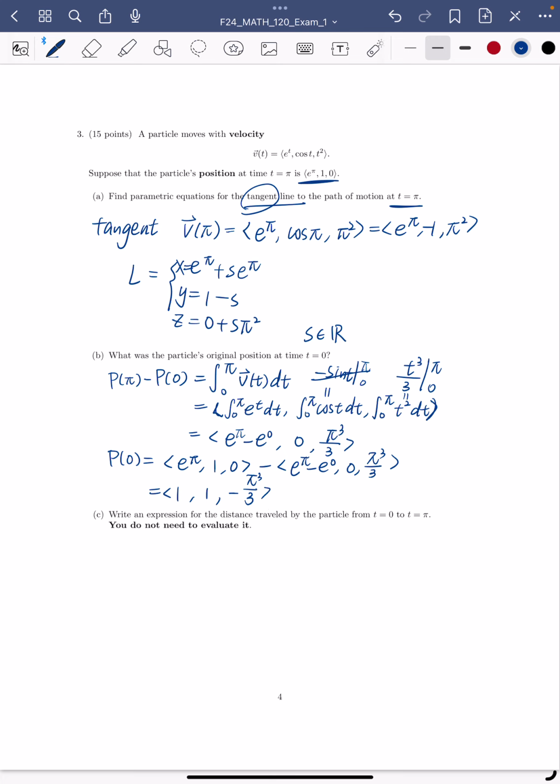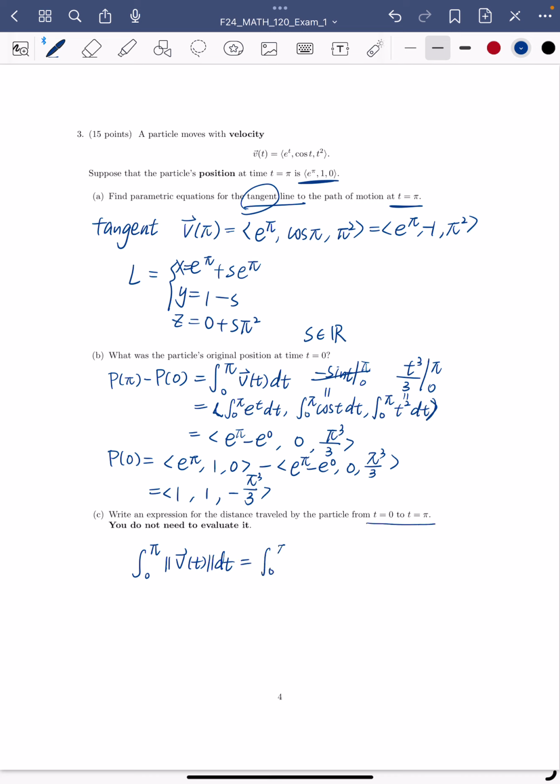Okay. What about the distance traveled by the particle from t equals 0 to t equals pi? Okay, the good thing is we don't have to evaluate this. So what do we do? Distance is the integral of speed over your time interval.